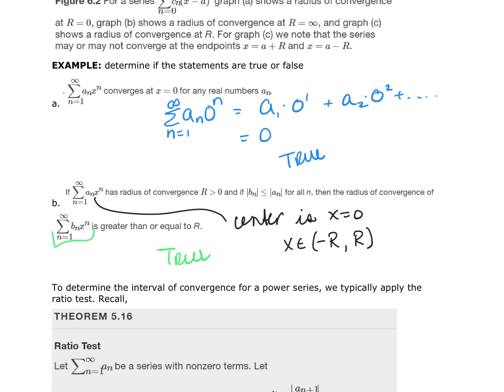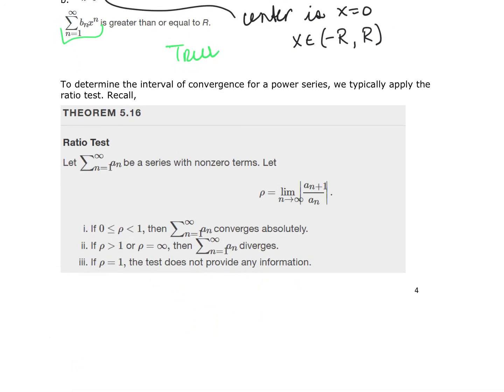Now let's actually start to calculate the radius of convergence. Here's our next theorem. Let my series from n equals 1 to infinity of a sub n be a series with non-zero terms. Let rho equal the limit as n goes to infinity of a sub n plus 1 over a sub n. If my rho is between 0 and 1, then it's going to converge absolutely.